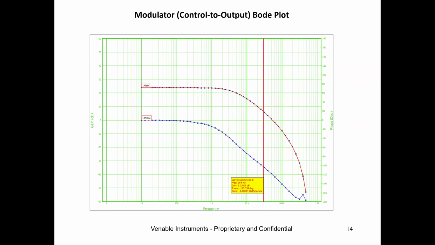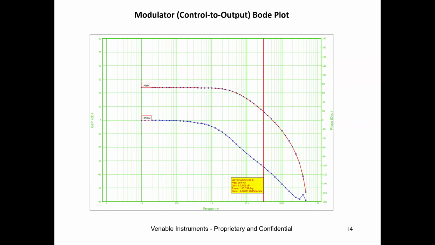And here is where you can start your design. I selected this point of 30 kilohertz as my crossover frequency for my feedback loop. And there's an import button on our slide bar that I can use to import data into the feedback loop.